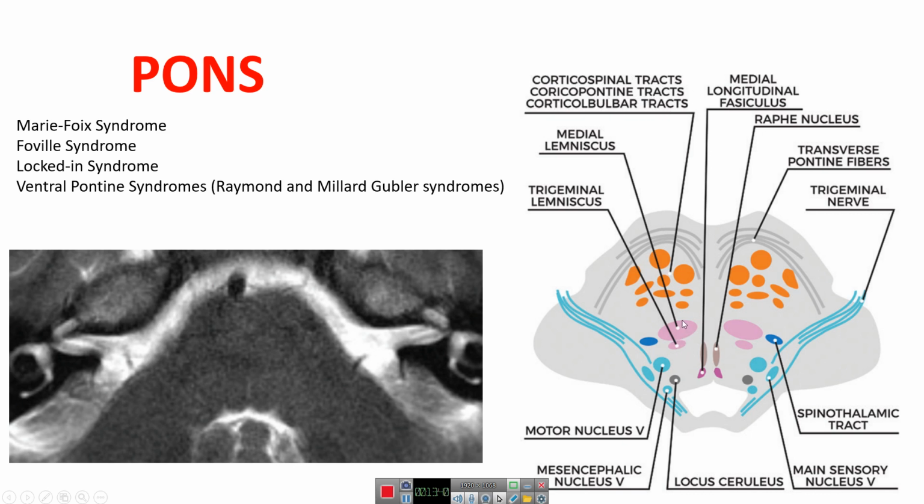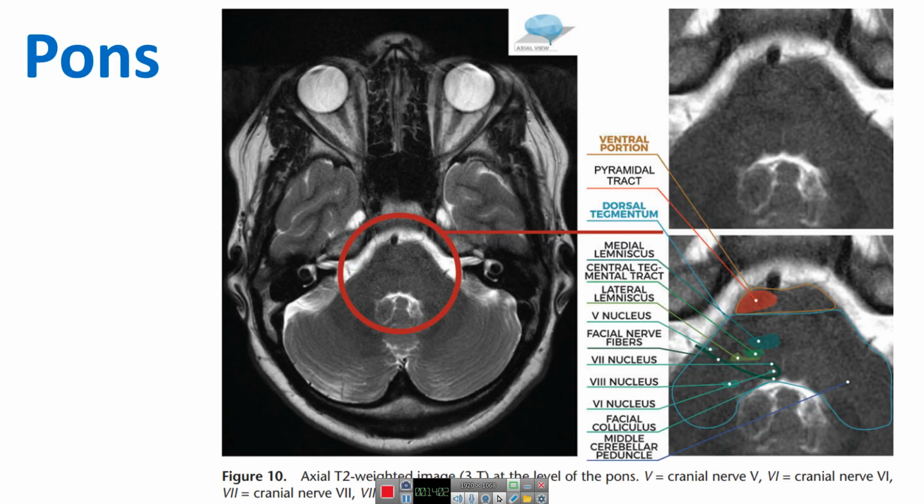And we have the medial lemniscus, trigeminal lemniscus, spinothalamic tract, main sensory nucleus, in addition to the motor nucleus of the trigeminal nerve, mesencephalic nucleus, and locus coeruleus. This is the central part, the upper part of the fourth ventricle. The occlusion syndromes include the following.